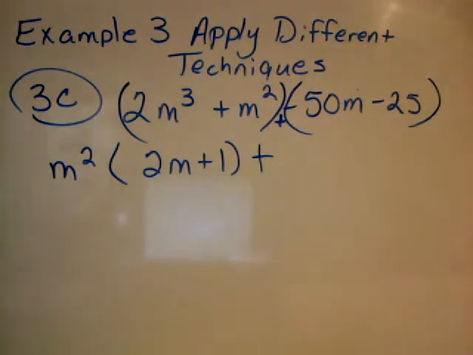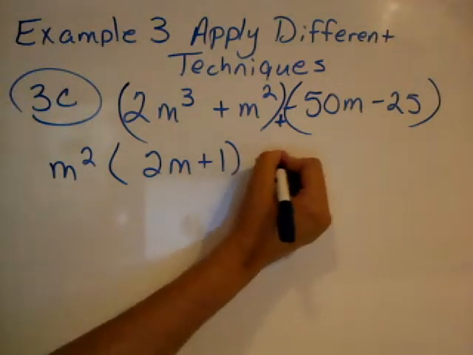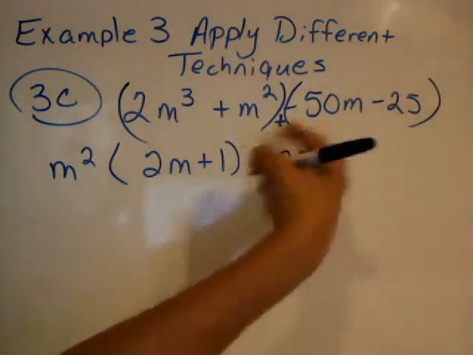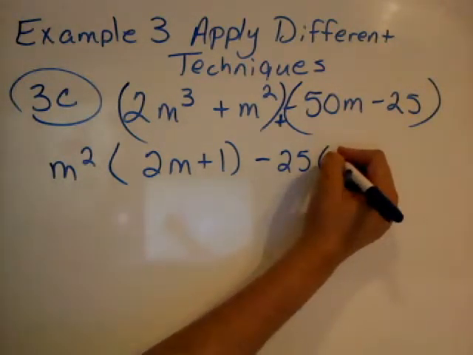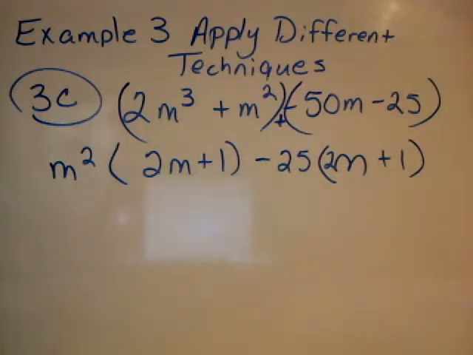And here I am going to pull out a negative 25. So I'm actually going to change that now to a negative 25 because I just like things to look nice. That's going to give me 2m plus 1. And look right here what I have.